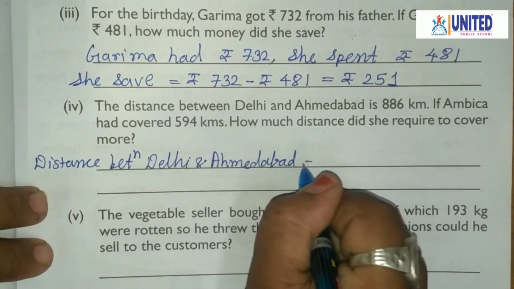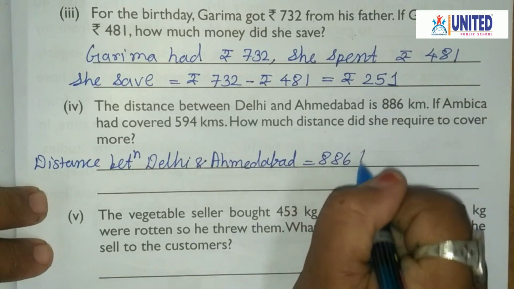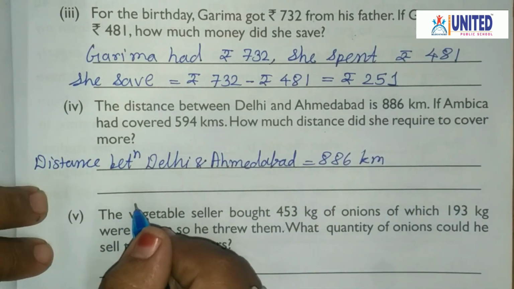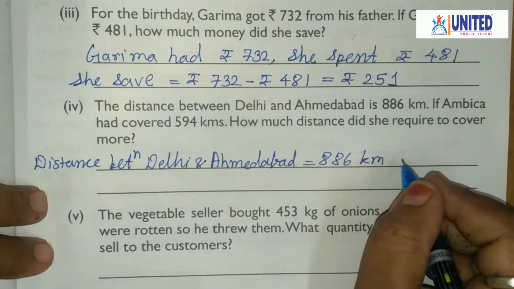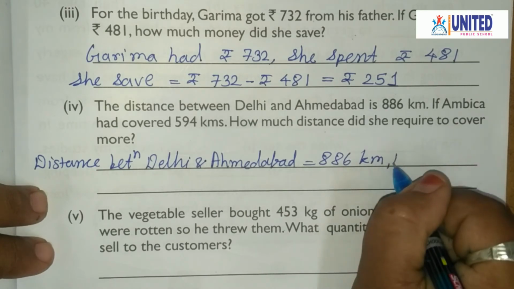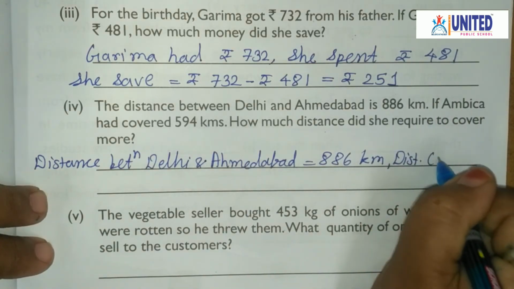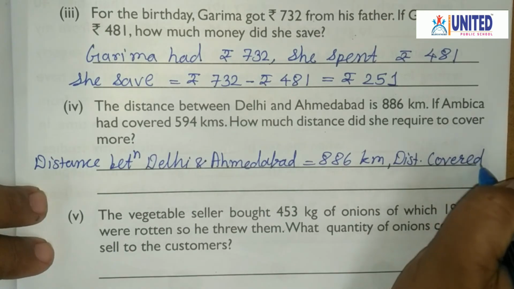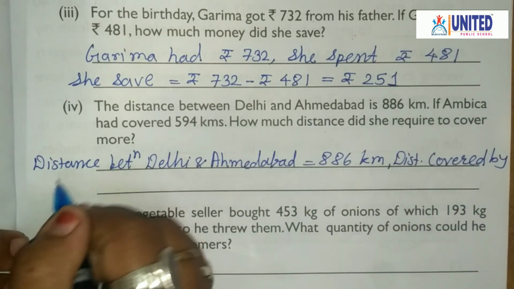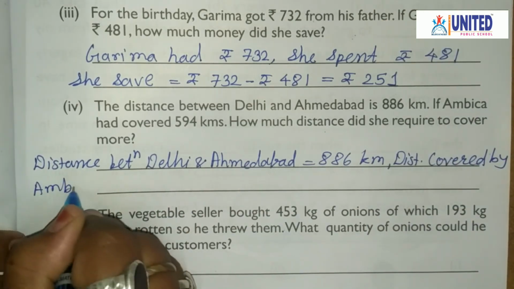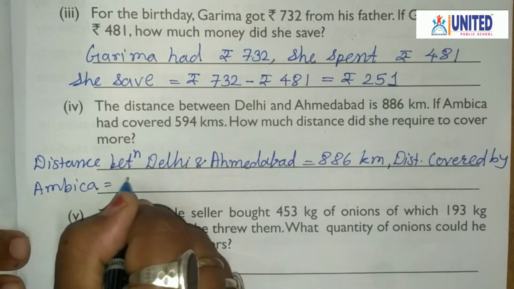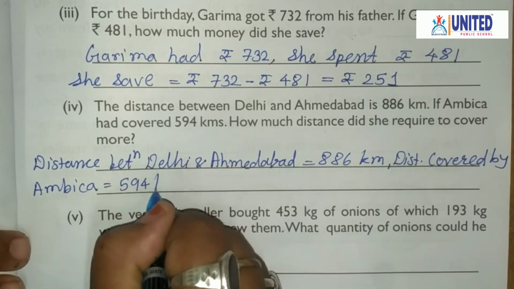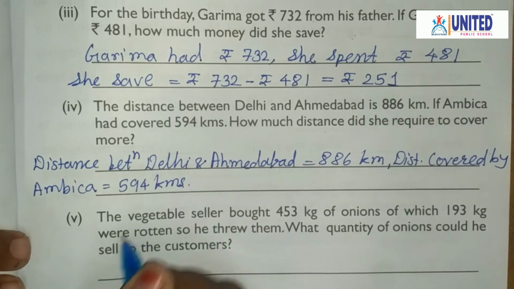That is equal to 886 kilometers. Now we can write the distance covered by Ambika. The distance covered by Ambika is equal to 594 kilometers.